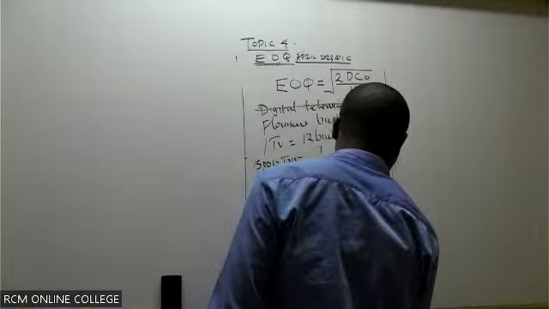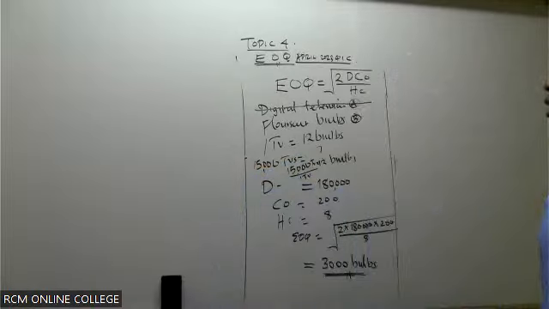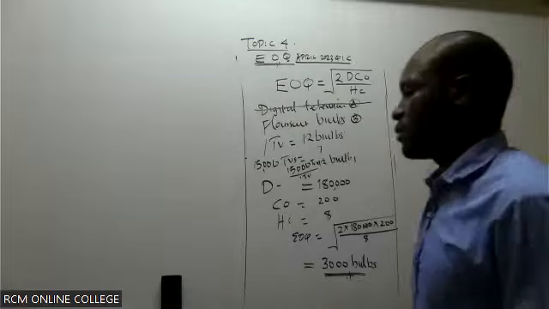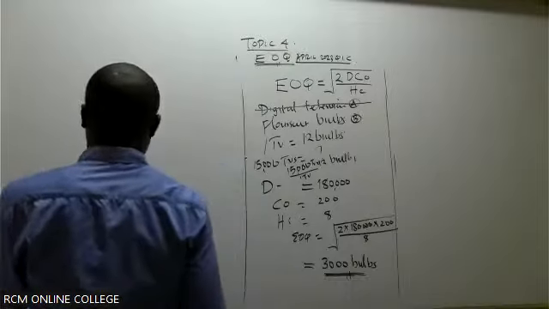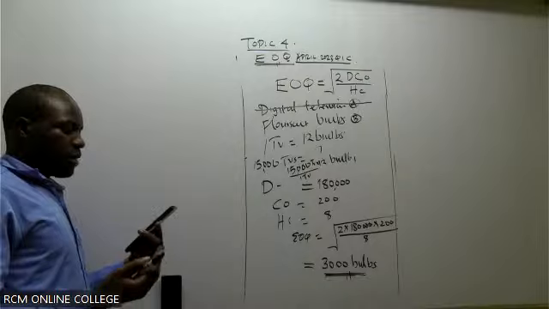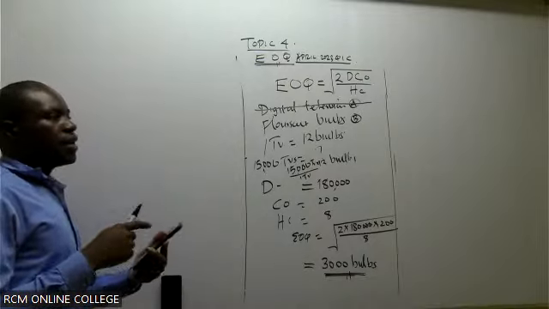Is it? 3,000 bulbs. The next thing they will always ask you is either give us total cost or give us number of orders. Now, do we have something of that kind? We are being told calculate the number of times per year the bulbs will be ordered, assuming 360 days in a year.